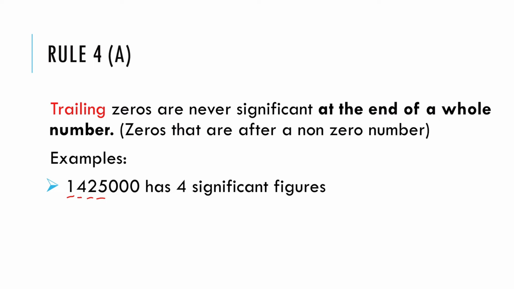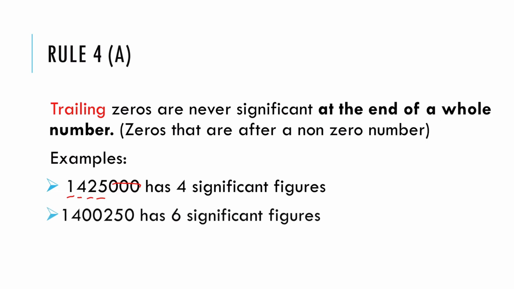There are no trapped zeros, and rule 4a says that trailing zeros are never significant at the end of a whole number. This is a whole number, so they are not significant. In this case, we have our 1, 2, 3, 4 non-zero numbers. We have our 2 trapped zeros as well, and it is a whole number, so the trailing zeros are not significant. Therefore, we have 6 significant figures.